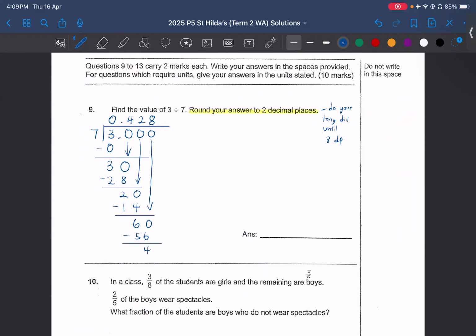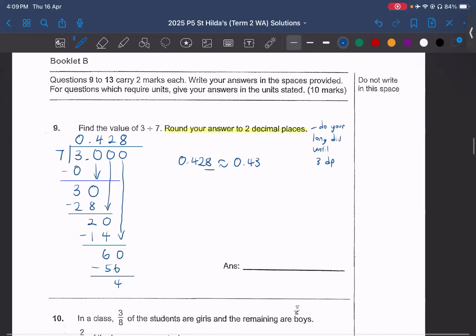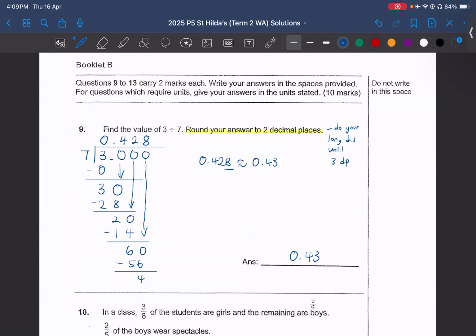So you can stop here already because we have done long division until 3 decimal places. We have our decimal, which is 0.428, and then we round to 2 decimal places. We look at the third decimal place, and since it's greater than 5, we will round up, so it becomes 0.43. So the answer is 0.43.